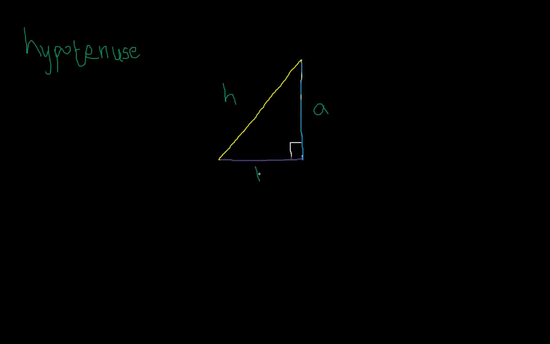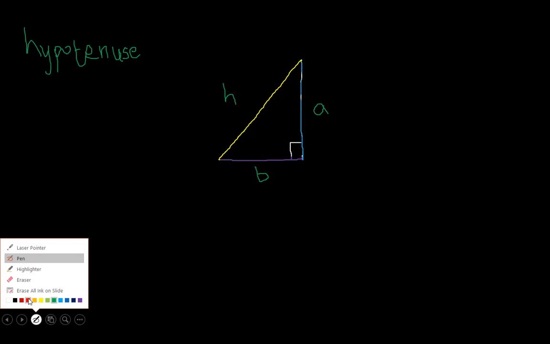We'll name it B. But these letters don't matter, right? It could be any letter you want it to be. The most common though are H for hypotenuse, A for this side, and B for base. So you can just remember that, right?